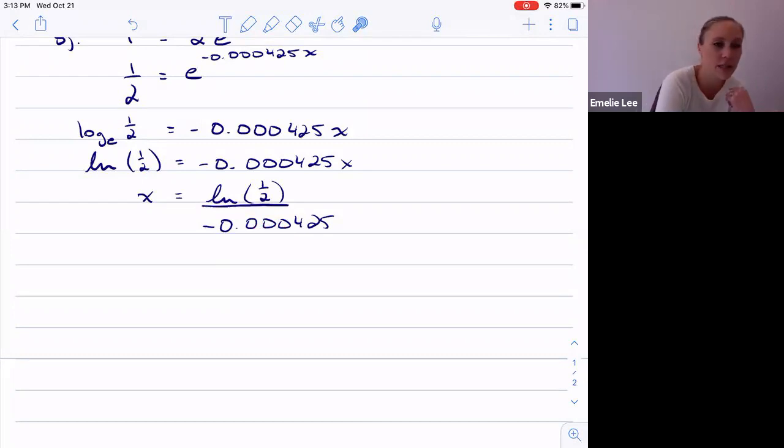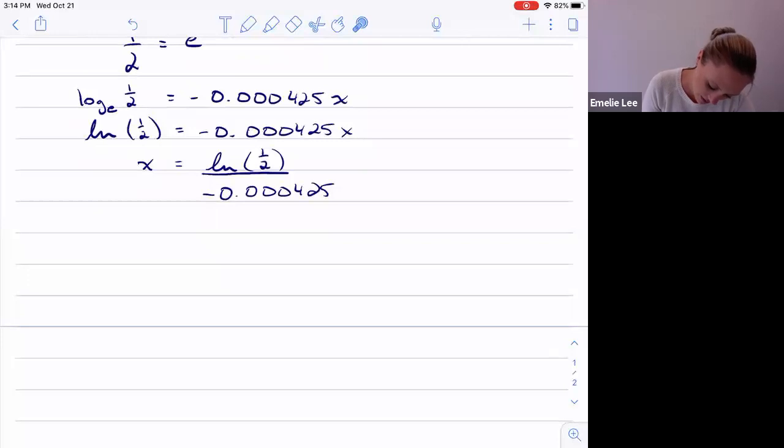So if you use your calculator, the natural log of 1/2 divided by negative 0.000425, I get approximately, so this here is the exact answer, right? Even though it doesn't look very nice.